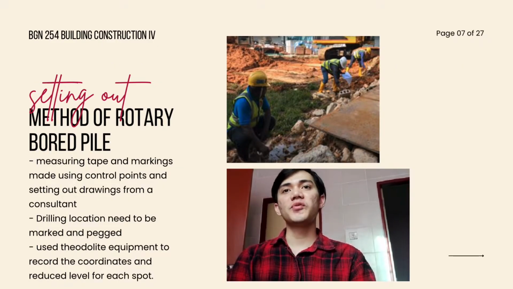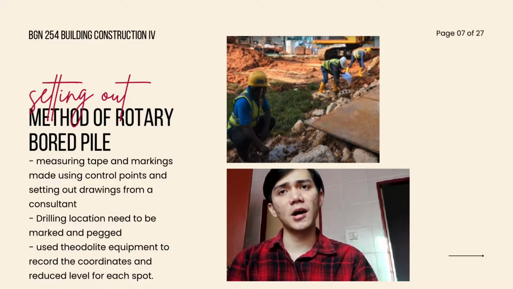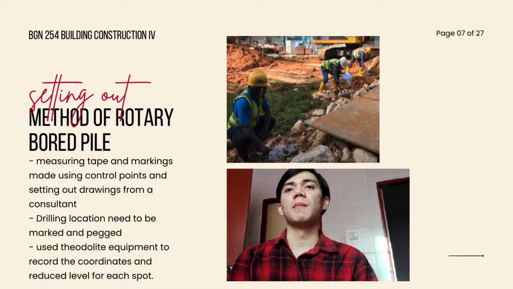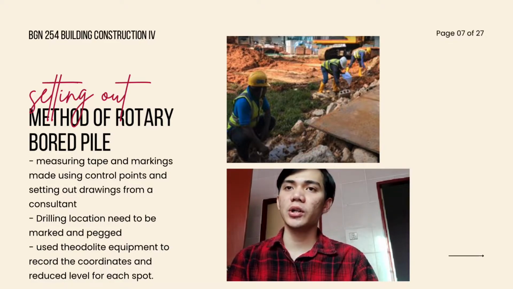With the aid of measuring tape and markings made using control points, and setting out drawings from a consultant, the drilling location needed to be marked and pegged by a contractor surveyor. The surveyor then used theodolite equipment to record and coordinate the reduced level for each spot.